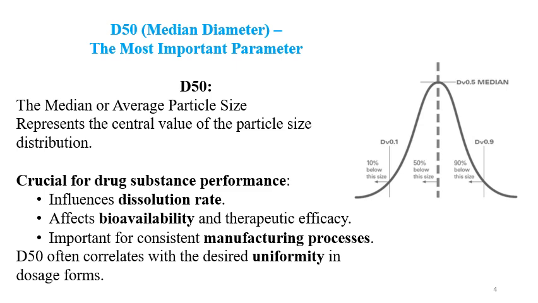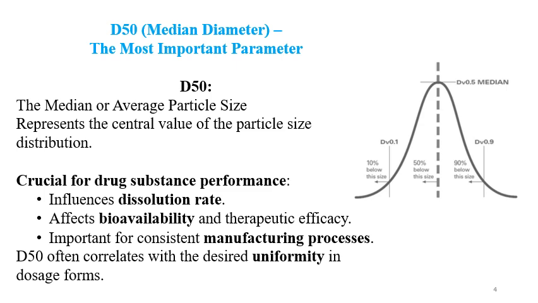It is crucial for the drug substance performance because D50 influences the dissolution rate, it affects the bioavailability, and that's why it affects the therapeutic efficacy. D50 is also very important for manufacturing processes because it has an impact on the flow and the density, and that's why manufacturing processes are affected by the D50 value. D50 often correlates with the desired uniformity in the formulations.